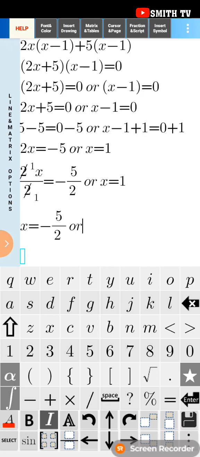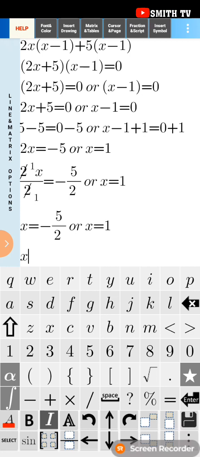Or x equal to 1. Now I can see my answer, but I'm having an improper fraction, which is 5 over 2. So I rather leave it as this.